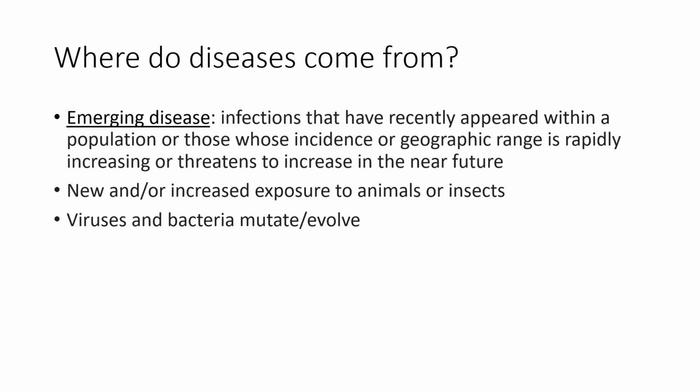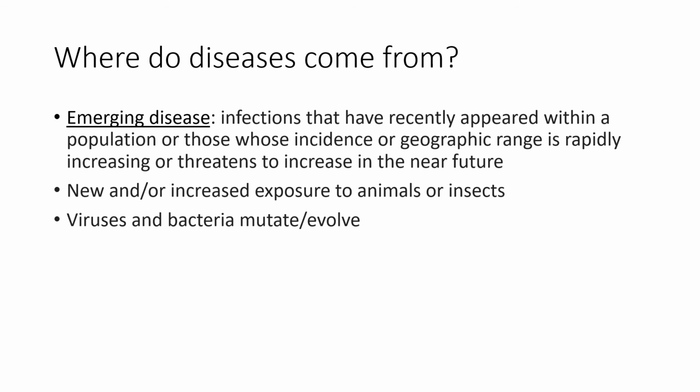So where do diseases even come from? Because they don't just pop out of nowhere, and we are getting new viruses every once in a while. So how is that happening? So the term emerging diseases is going to be infections that have recently appeared within a population or those whose incidence or geographic range is rapidly increasing or threatens to increase in the near future.